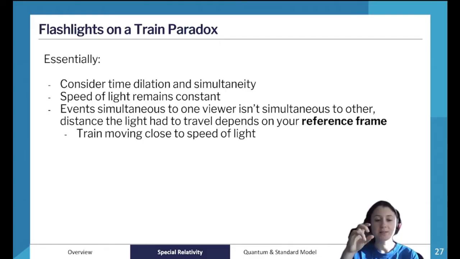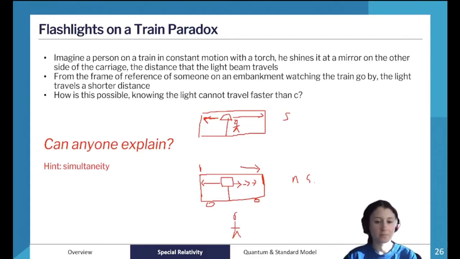So the distance that the light had to travel depends on your reference frame. It doesn't matter that in these two viewpoints, the light hitting either end of the carriage is not simultaneous. Two events can be simultaneous in one frame and not simultaneous in another frame, and that is okay.